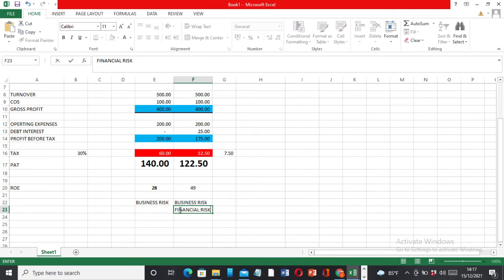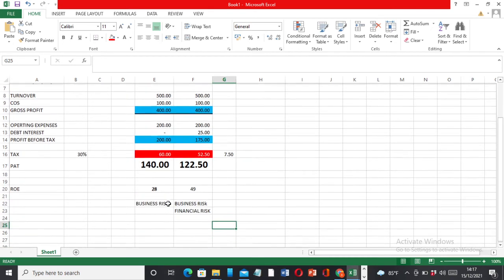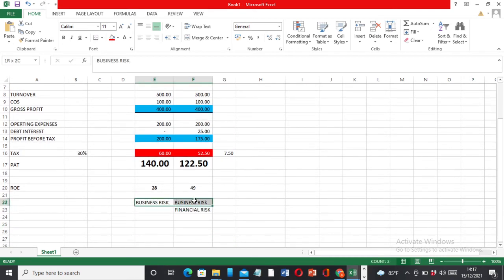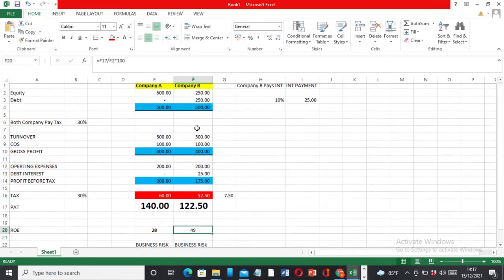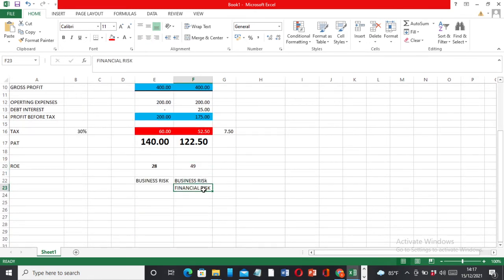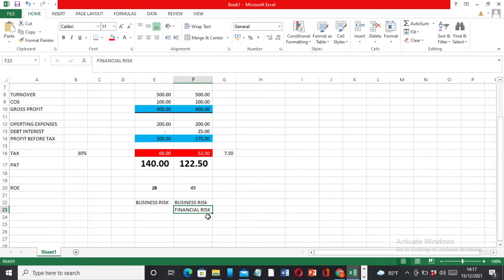Both businesses share the business risk in common. Company A can lose business, and company B also can lose business. But company B additionally bears a financial risk. The shareholders in company B undertake a business risk and a financial risk. That's why the return comes with the cost of financial risk.